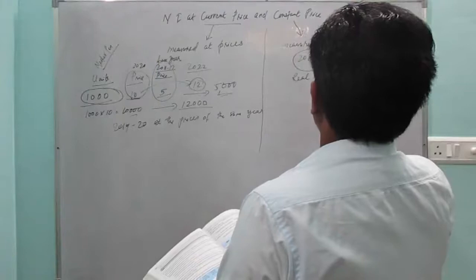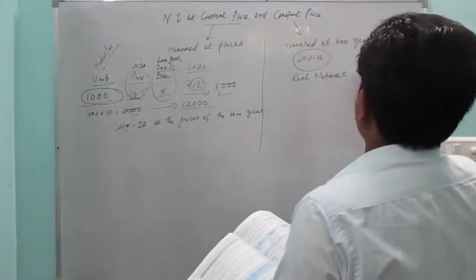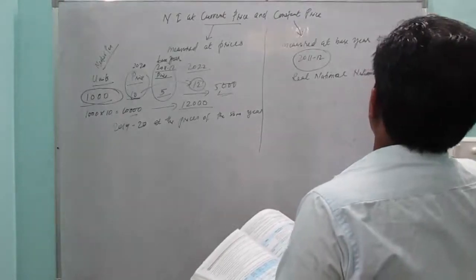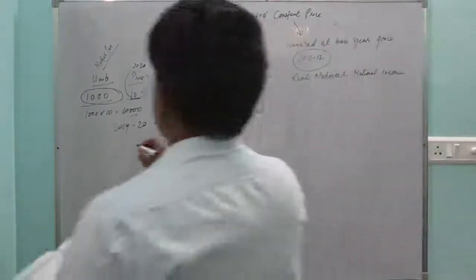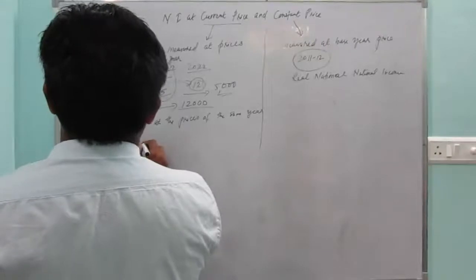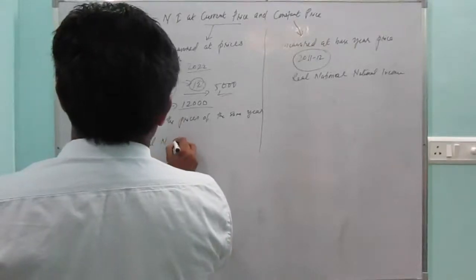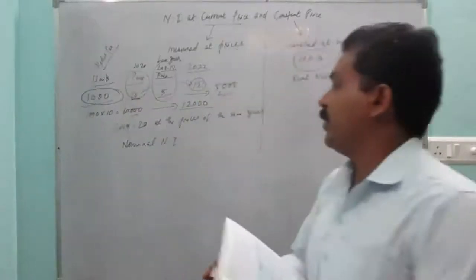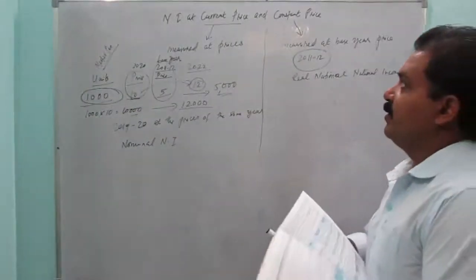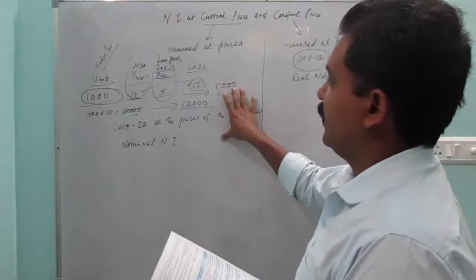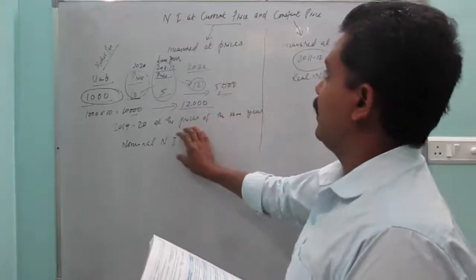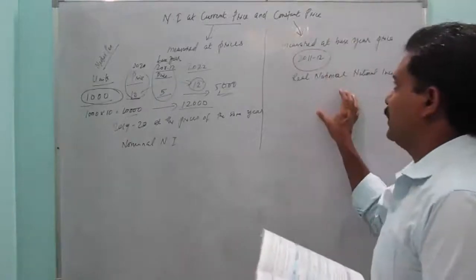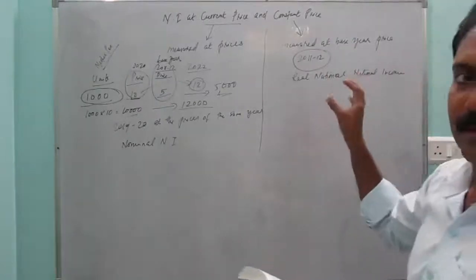Then you might be asking, what is the other one? This is nominal national income. This current price, what is national income we get, that is nominal national income. Constant price national income is real national income.